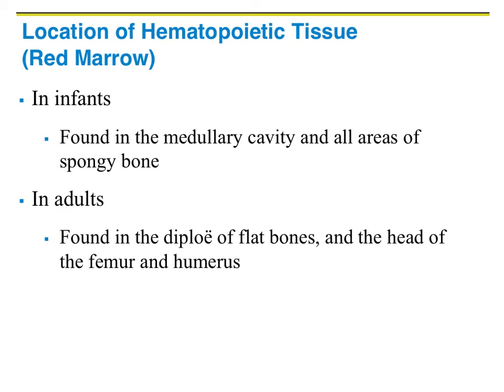In adults, hematopoietic tissue is found in the diploe of flat bones and the head of the femur and humerus. The medullary cavity of long bone is replaced with yellow marrow in adults.